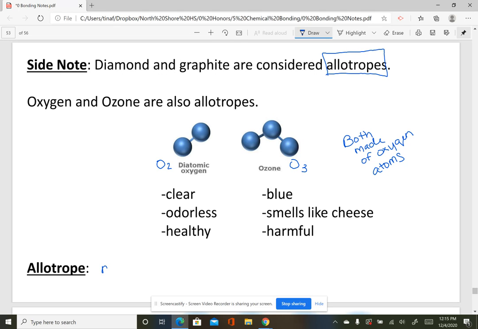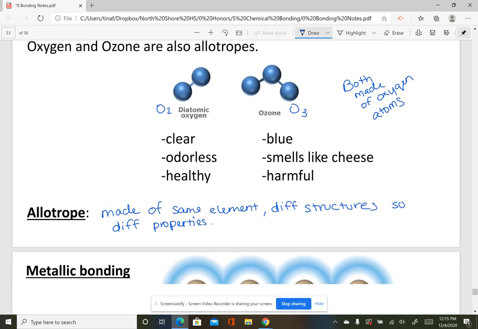It means that they're made of the same element, but because they have different structures, so the way that the atoms are arranged is different, that's going to make them have different properties. Just because things are made up of the same stuff doesn't mean they need to be the same. It depends on how things are bonded, what types of intermolecular forces are present, things like that. So that's something that's important.